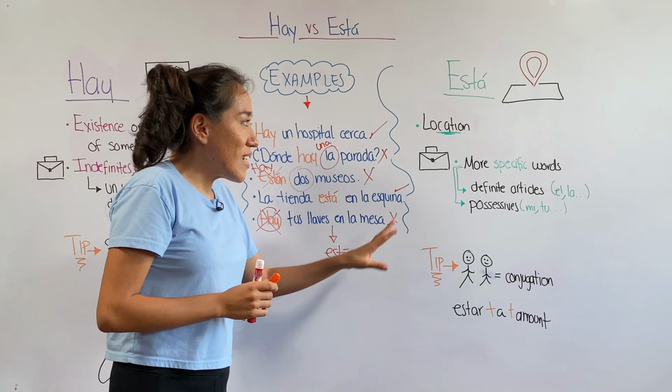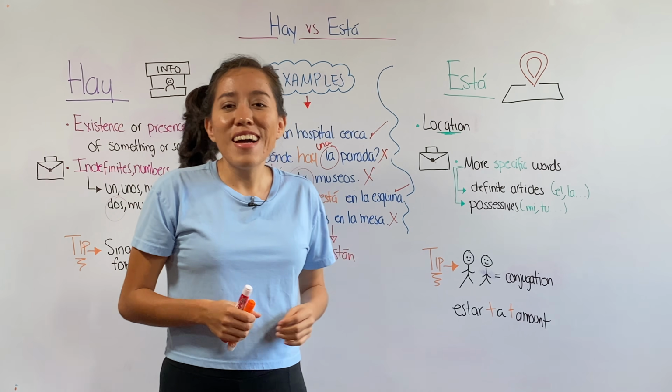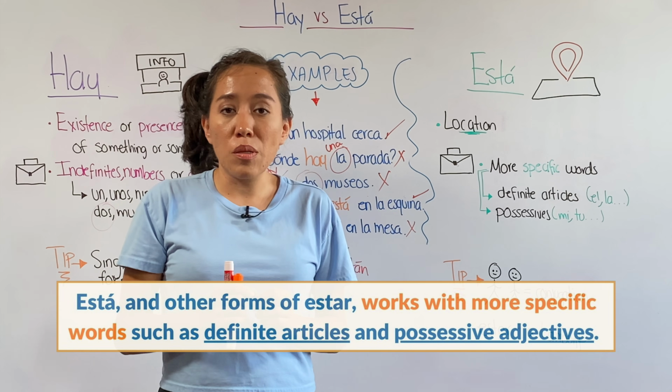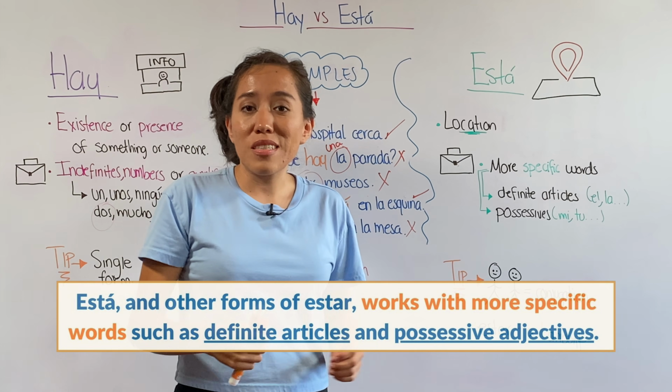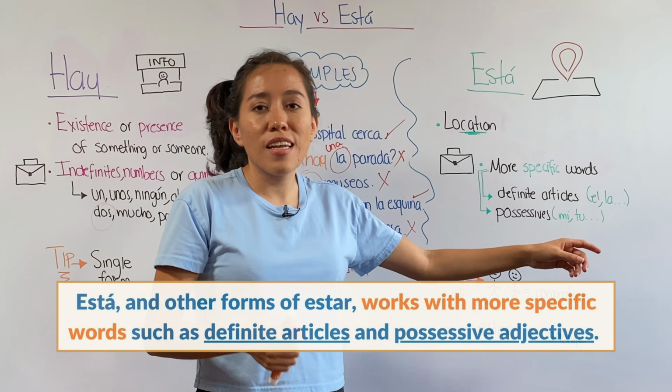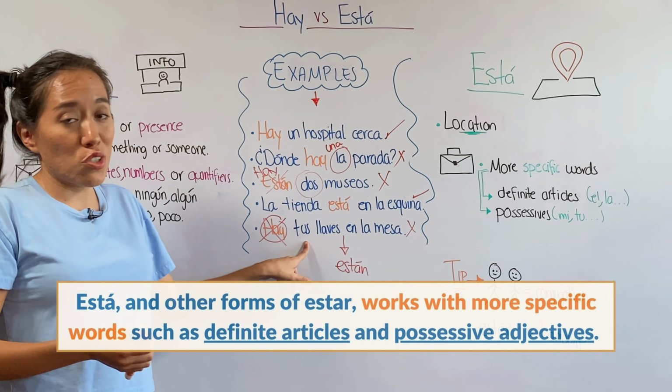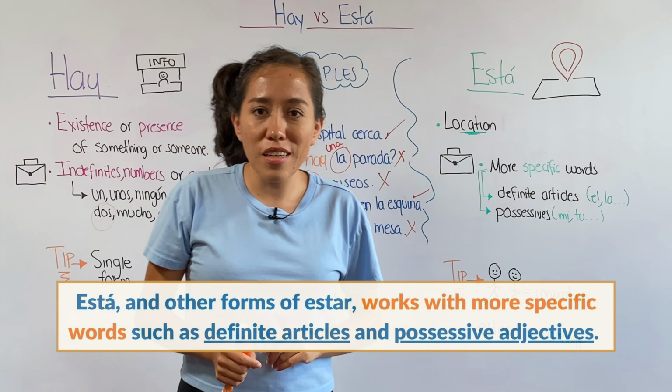And as you can see, está likes to hang out with words that are a little bit more specific. These words are definite articles, el, la, los, las, or possessives, such as tus llaves, okay?